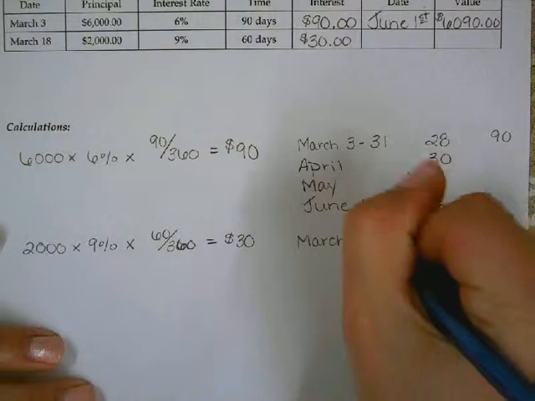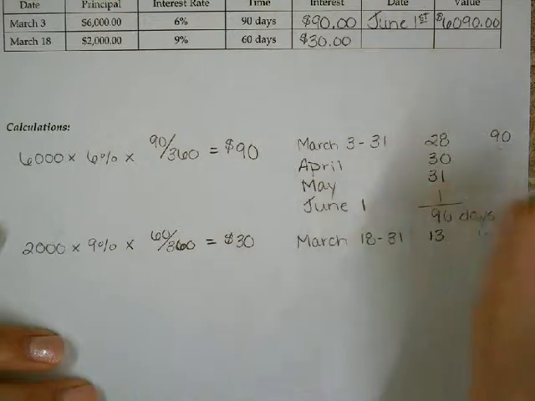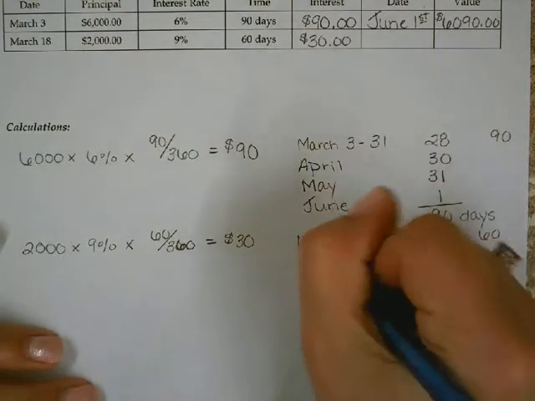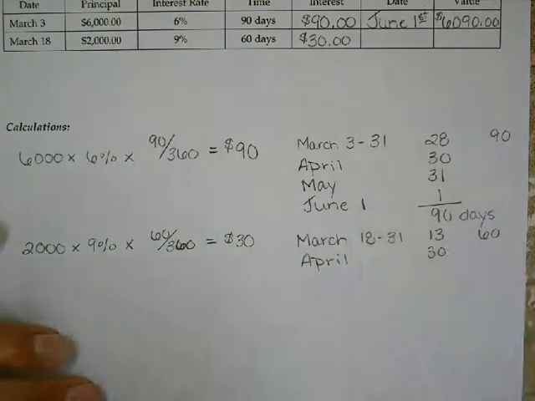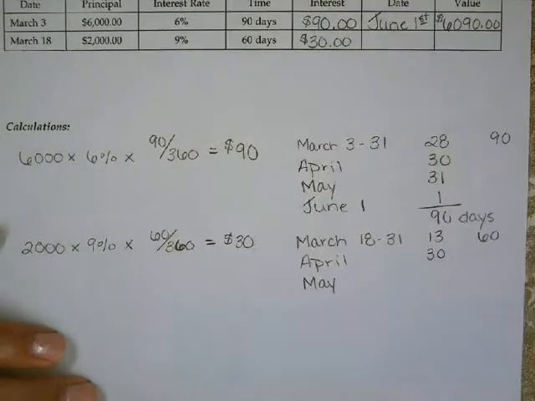So how many days are we going to use from May? We would take 60 minus 43 days, because we've already used up 43. That tells us we're going to use 17 more days. So that means May 1st through May 17th. So our maturity date is May 17th.